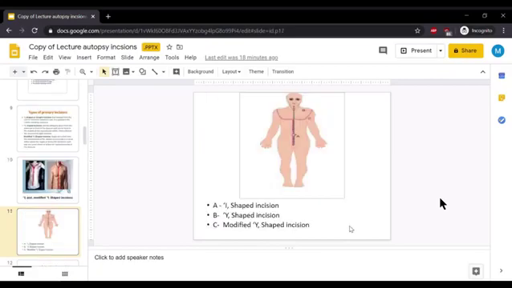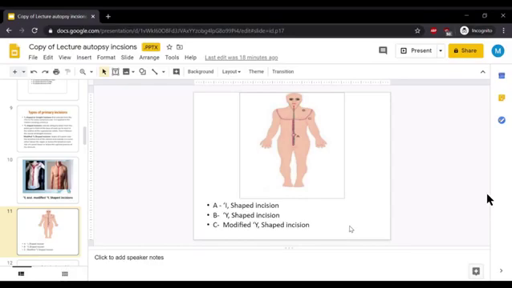So you can see all the three primary incisions: I incision, Y-shaped incision, and modified Y-shaped incision. The I-shaped incision starts from the chin to the pubic symphysis, avoiding the umbilicus, and in this picture it is A. Then B is the Y-shaped incision.